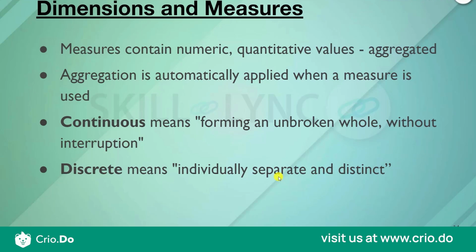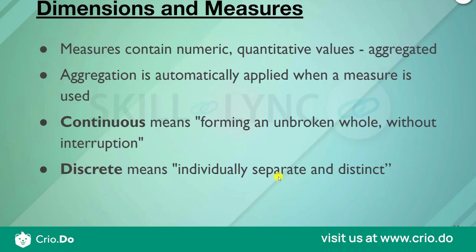We have two more options here: continuous and discrete. Continuous means forming an unbroken whole without interruption. Going by the meaning of the word itself, continuous means it is continuous, and discrete means it is separate and distinct.